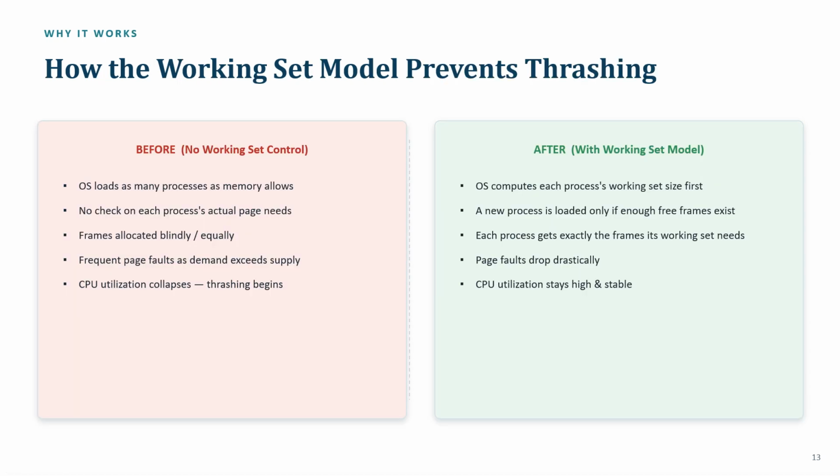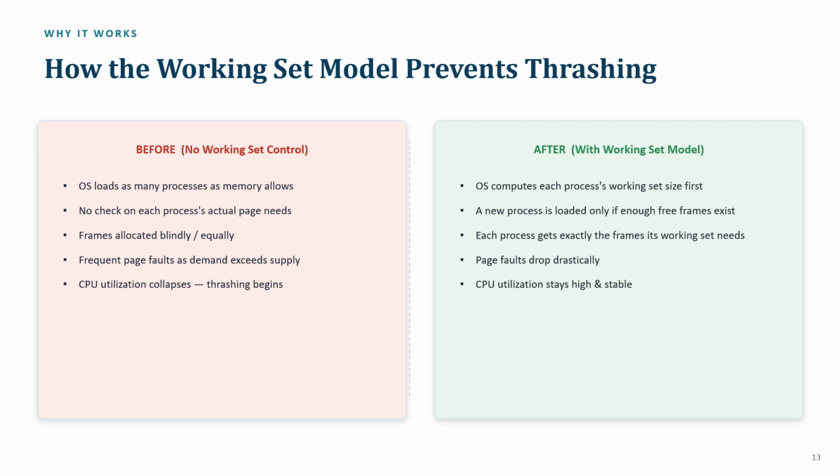Now, how the working set model prevents thrashing. Before, the OS loads as many processes as memory allows, but now the OS computes each process's working set size first. Before, there was no check on each process's actual page needs; now a new process is loaded only if enough frames exist.